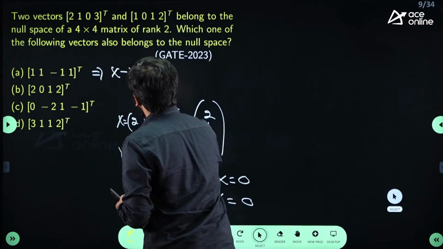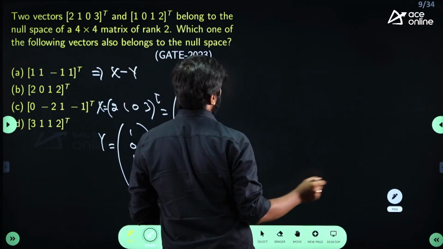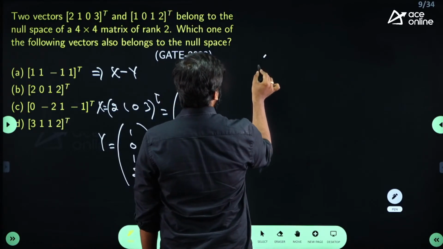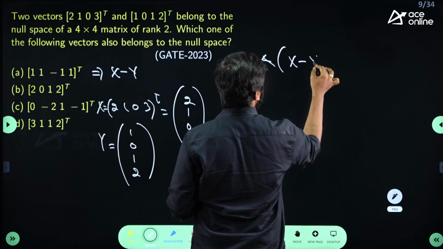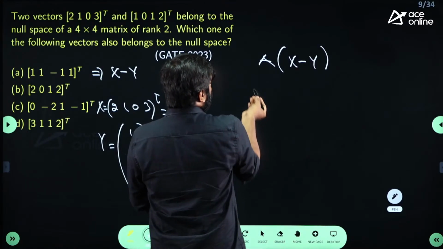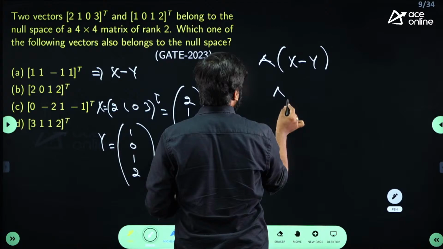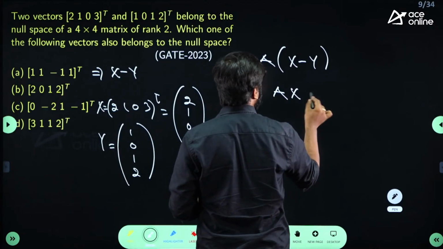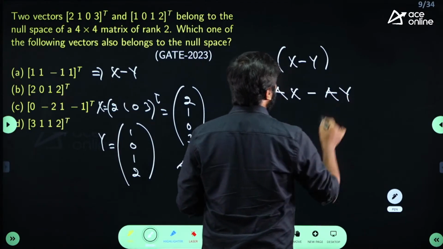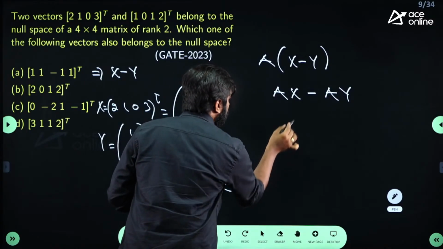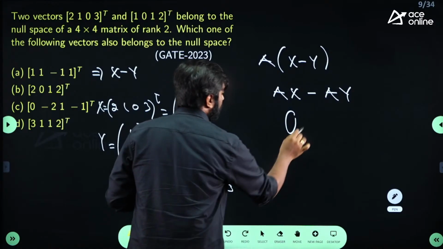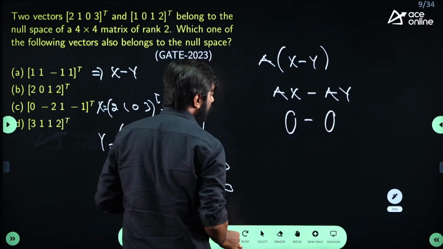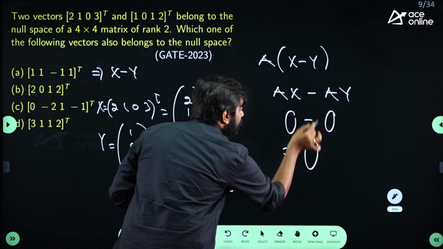So far what we have understood is option A can be expressed as x minus y. So now you can multiply the matrices. You can write A x minus A y, but what we know is Ax is a 0 vector because x is in the null space, Ay is also a 0 vector, and 0 minus 0 is a 0 vector again.